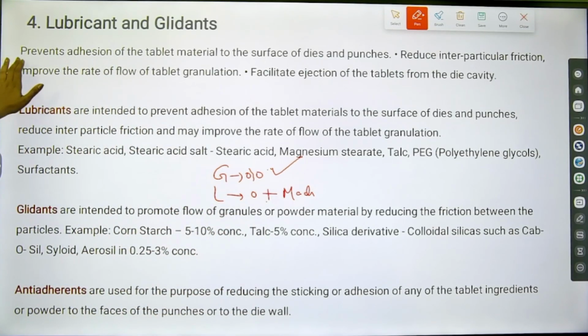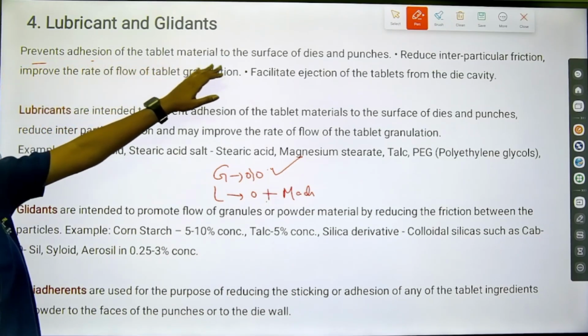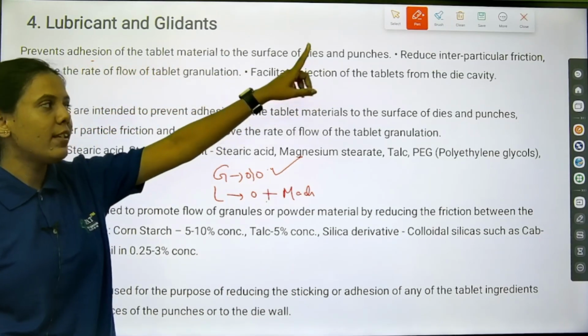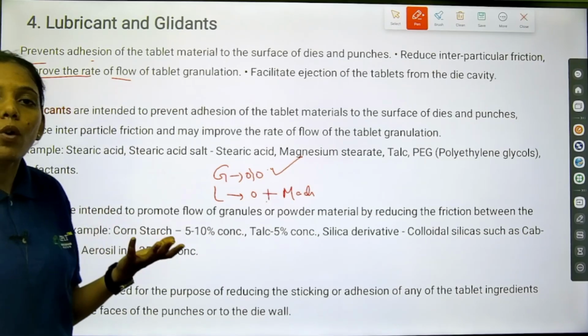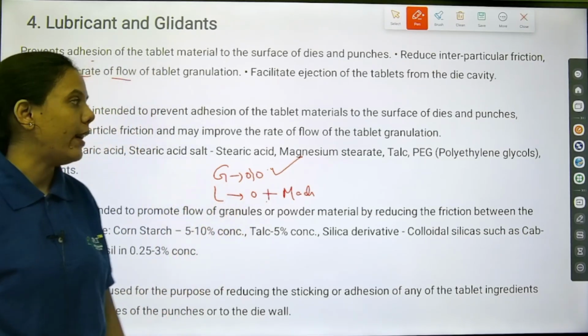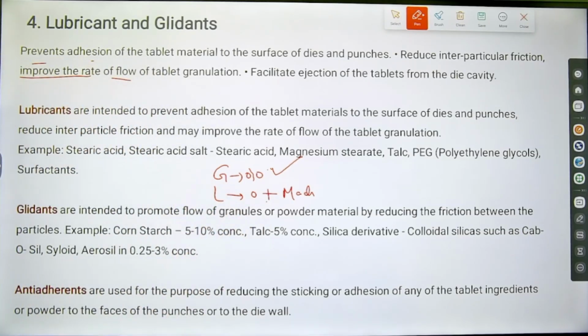Lubricants and glidants prevent adhesion of tablet material to the surface of dies and punches, reduce interparticle friction, improve rate of flow of tablet granulation, and facilitate ejection of the tablet from the die cavity. So these are the various roles of your lubricants and the glidants. Lubricants are intended to prevent adhesion of the tablet material to the surface of dies and punches.